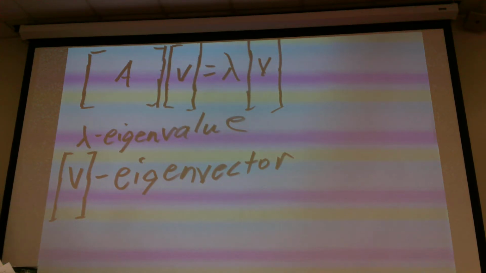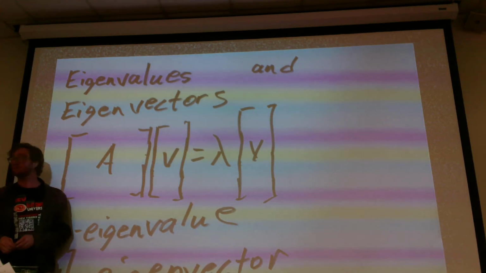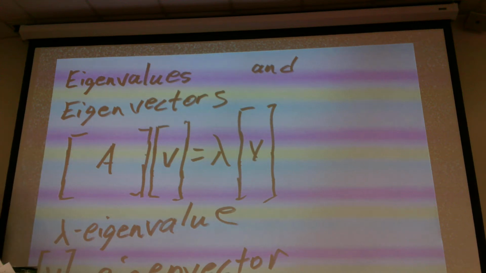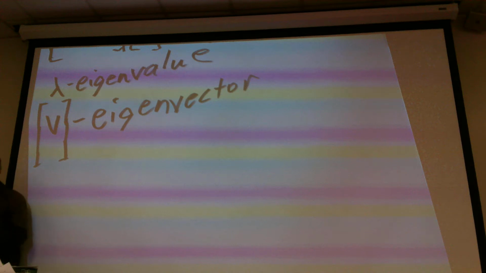Okay, so we have A times V is going to equal lambda times V. So why don't we just track lambda V over to the other side of the problem? All right, let's say that this was a 2x2 matrix.